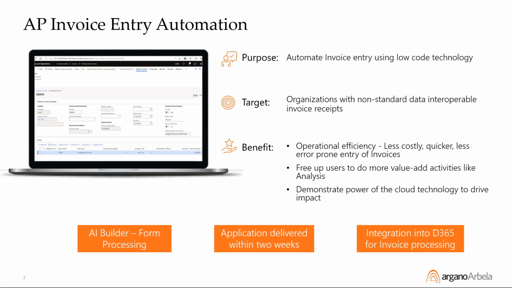Think about the AP clerks who would typically be doing the invoice entry. Now they're potentially going to be able to do more things like perform analysis on vendor spend, forecasting on vendor spend, and thinking about different types of agreements based on vendors, so that they can drive value where human interaction would provide more import.